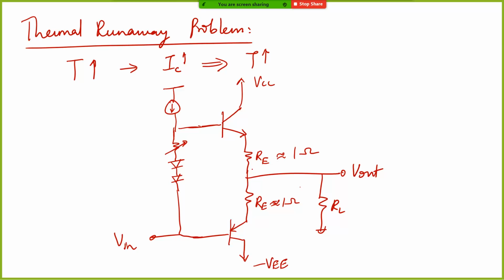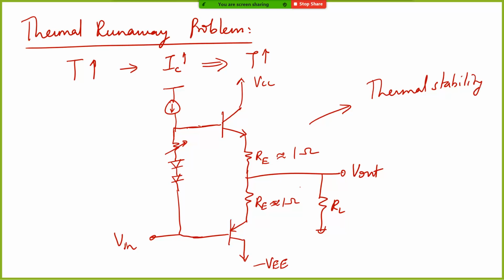Because now your base voltage has to be a little higher than just a VBE. So that is done by using this tunable resistor or by using certain other methods. Okay, so this is the way to solve the thermal runaway problem, or basically it makes sure that if there is an increase in temperature and an increase in current, it stabilizes. This particular circuit thus provides thermal stability.